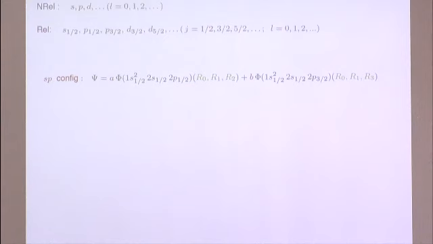They take a linear combination of 2 configurations, in which in one configuration you fill the first layer with 2 S orbitals, and in the second layer you have 1 S and 1 P, and here the same, but you distinguish: in the first configuration you have the orbital P1/2, and in the second configuration you take the orbital P3/2.